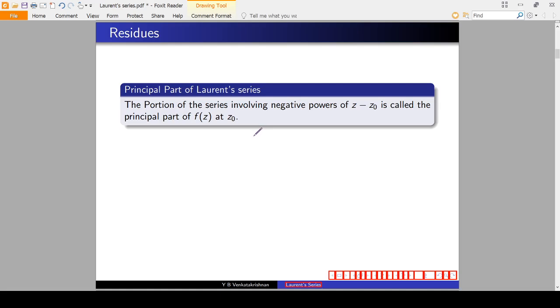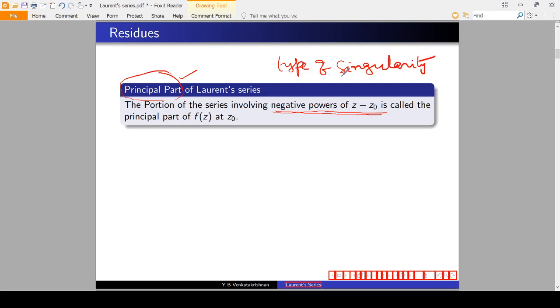In the case of the Laurent series, you have a series involving negative powers of z minus z naught. The terms containing the negative powers of z minus z naught is called the principal part of the Laurent series. And why this Laurent series plays a greater role is that, depending upon the number of terms in the principal part, you classify the type of singularity, which we will be seeing in this particular lecture.